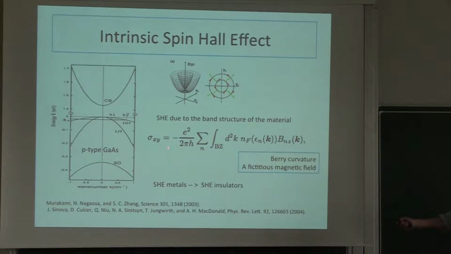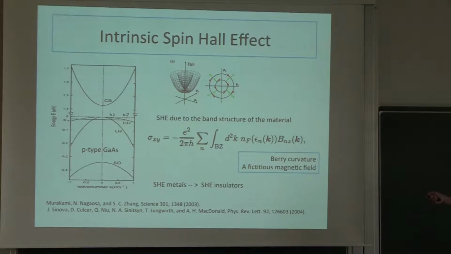Dinosaurs. Then people realized, well, it's not necessarily only from the impurity, and actually for many materials, only from the band structure, there's an intrinsic effect that can generate such spin Hall effect.